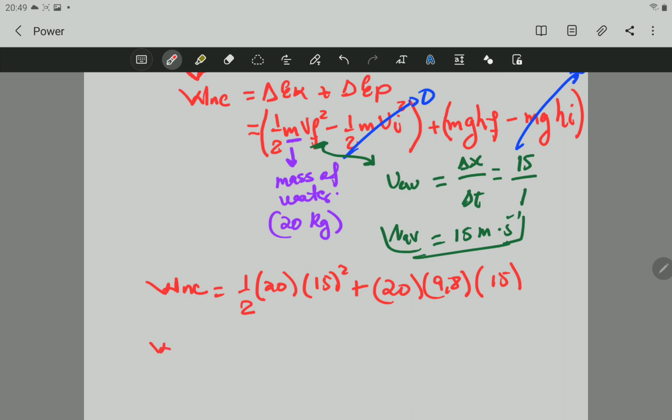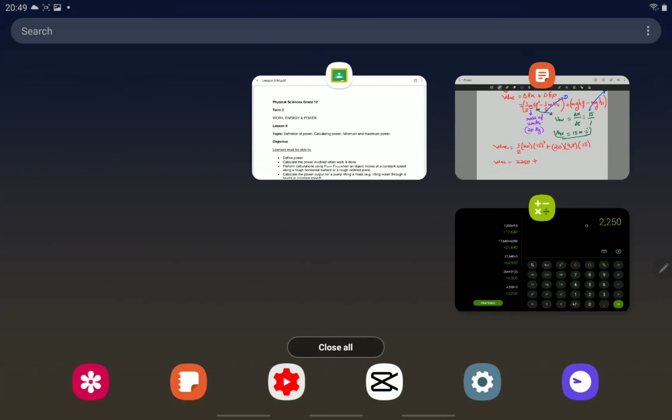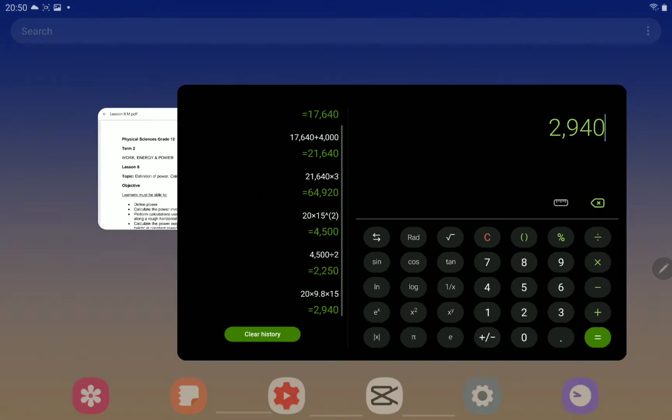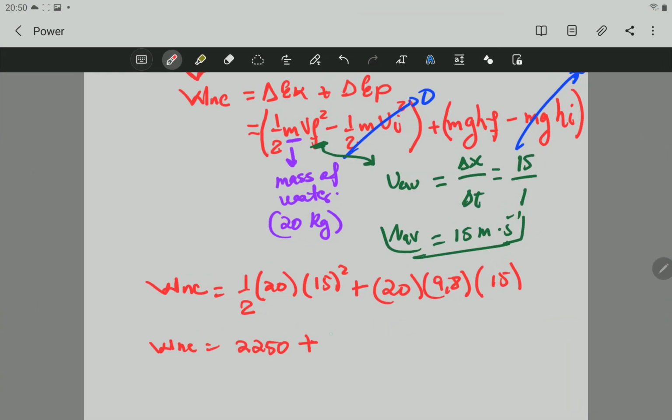So the work done by the non-conservative force is equal to 2250 plus 20 times 9.8 times 15, and that is 2,940.